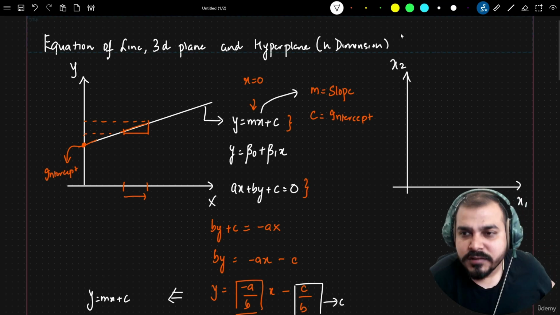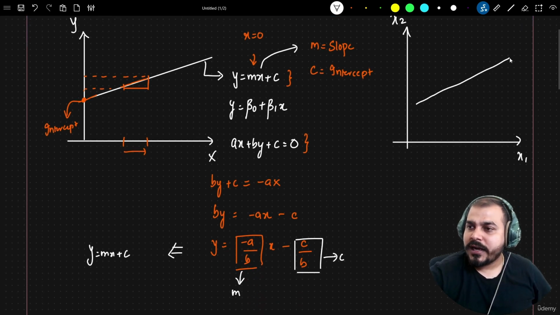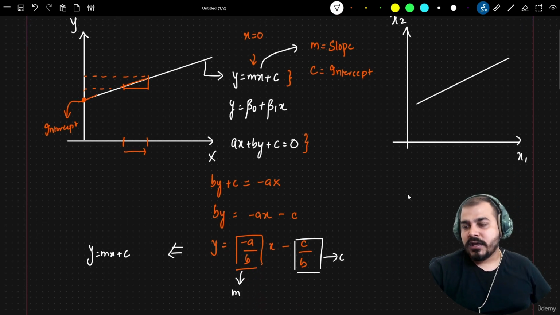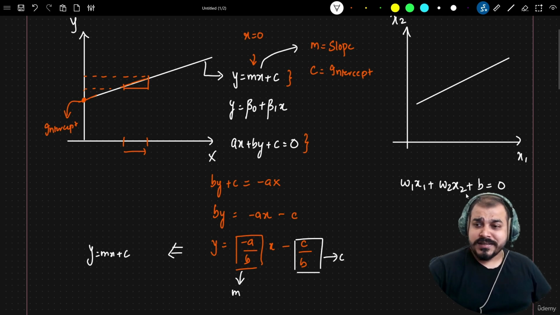In this case, I can also give the equation of a straight line which looks like this: w1 x1 plus w2 x2 plus b is equal to 0. This equation also matches the earlier equation.